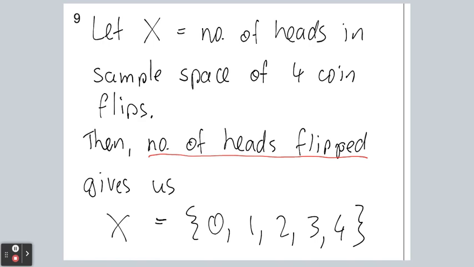Is there any number I've missed out? Is it possible to flip 5 heads on 4 coins? Nope. Is it possible to flip -1? Nope. What about 2.3? Nope. So these 5 possibilities are the only possibilities based on the number of heads that were flipped.